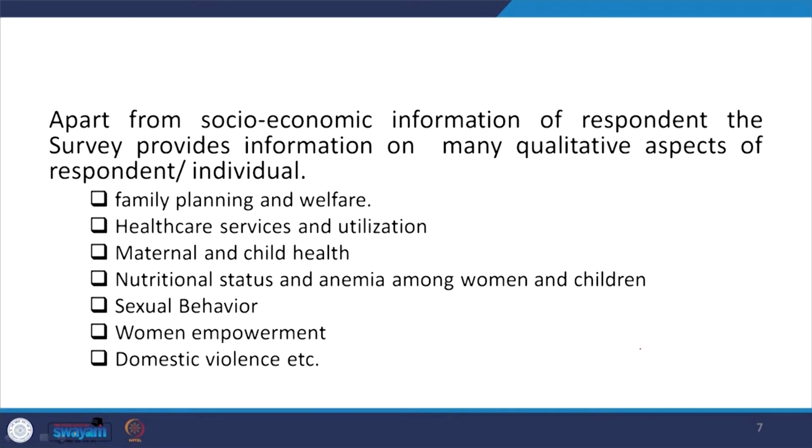Those qualitative aspects are family planning or welfare, health services and utilization, maternal and child health, nutritional status or anemia among women and children, both can be tapped, sexual behavior, women empowerment, domestic violence, even substance use, even intimate partner violence as part of the domestic violence content, and we can extract a number of information out of it.